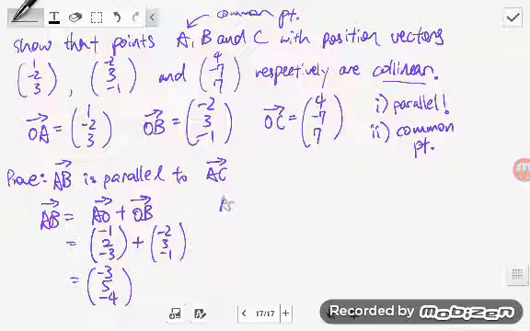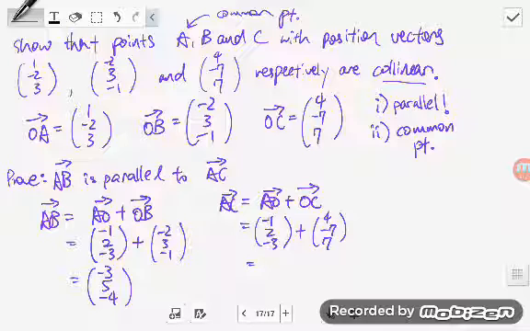Now let's find what AC is. Vector AC is equal to AO plus OC. Again, my AO is (-1, 2, -3), and my OC is (4, -7, 7). So my vector AC is (3, -5, 4).